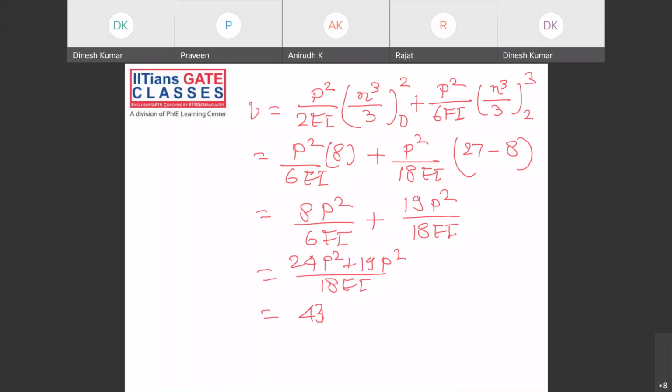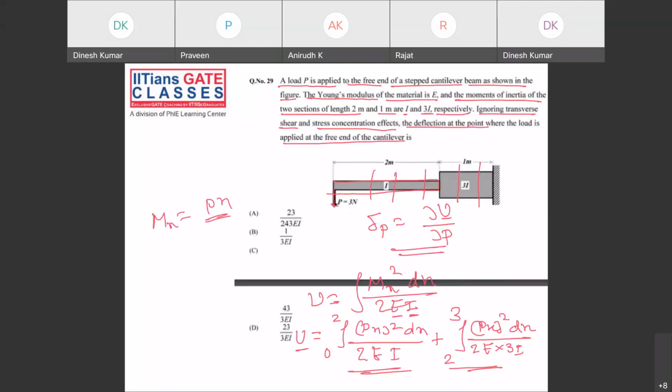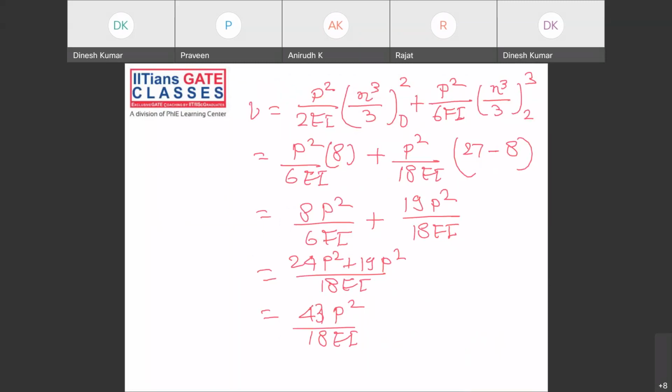Yeah, so 43P square upon 18EI. Okay. Now guys, the given load is how much? 3 Newton. The given load is 3 Newton. So this is your total strain energy.